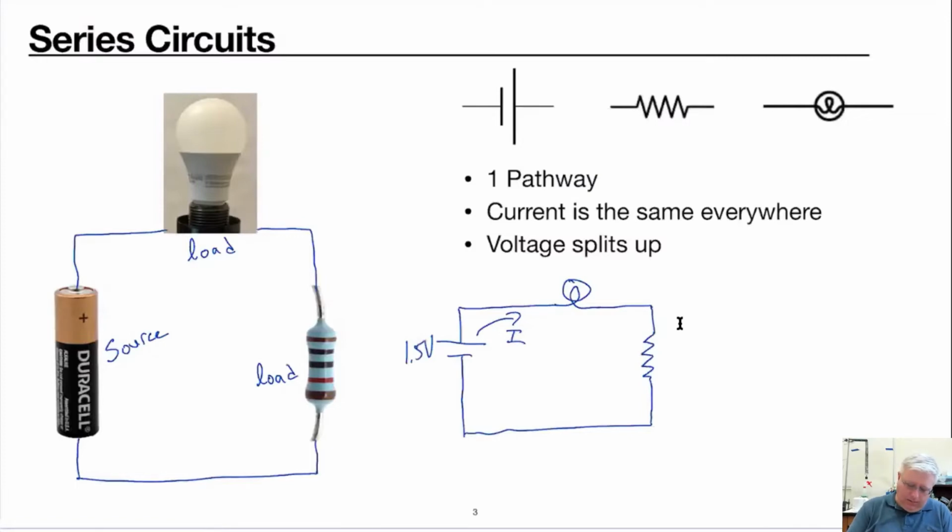So let's say that the light bulb uses 2/3 of the energy from the battery. Well, we would see then over this light bulb, there would be a voltage drop of 1 volt. Okay, so there would be 1.5 volts leaving the battery, right? It drops off. There's a voltage drop of 1 volt in the light bulb.